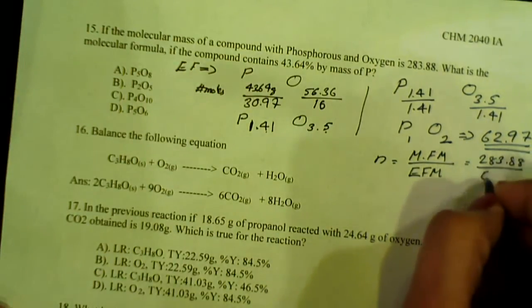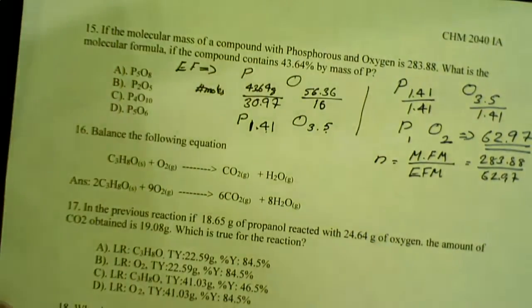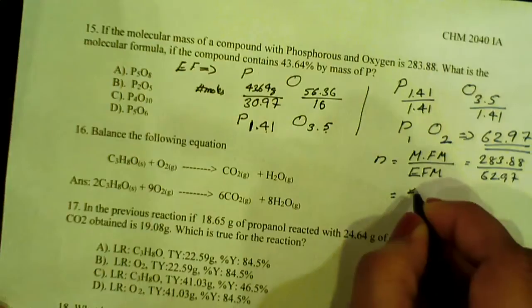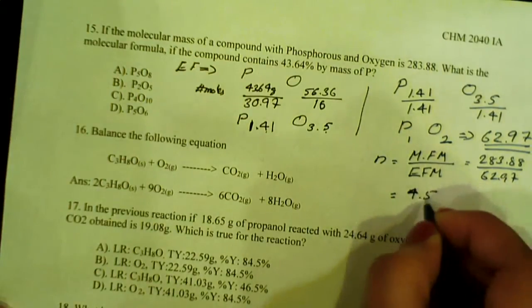The number of atoms of each element will be simplified to the least number. So to figure out the constant with which you have to multiply the empirical formula to get the molecular formula, you have to divide the molecular formula mass by the empirical formula mass.